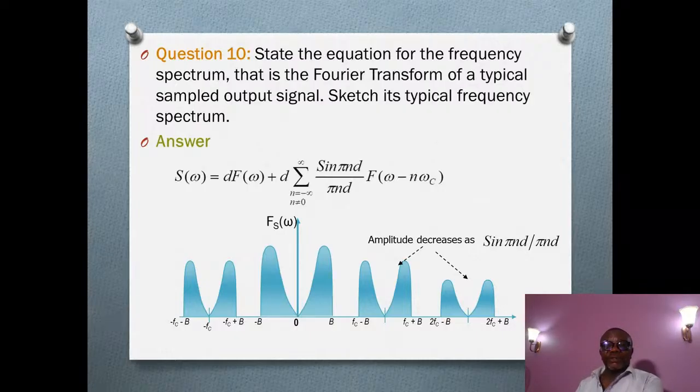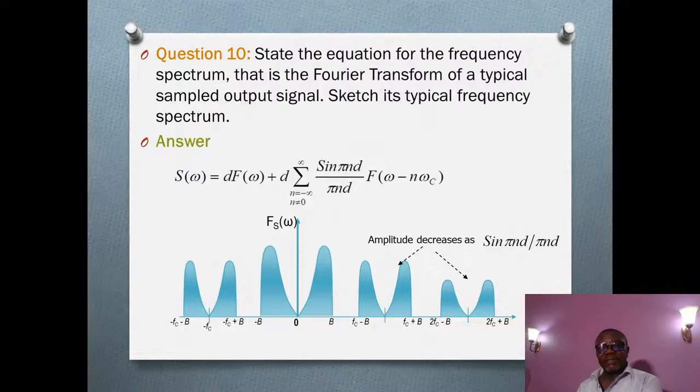If you put that signal into your oscilloscope, for instance, what you will see is like the figure we have seen. You see the F of omega at the center, O.